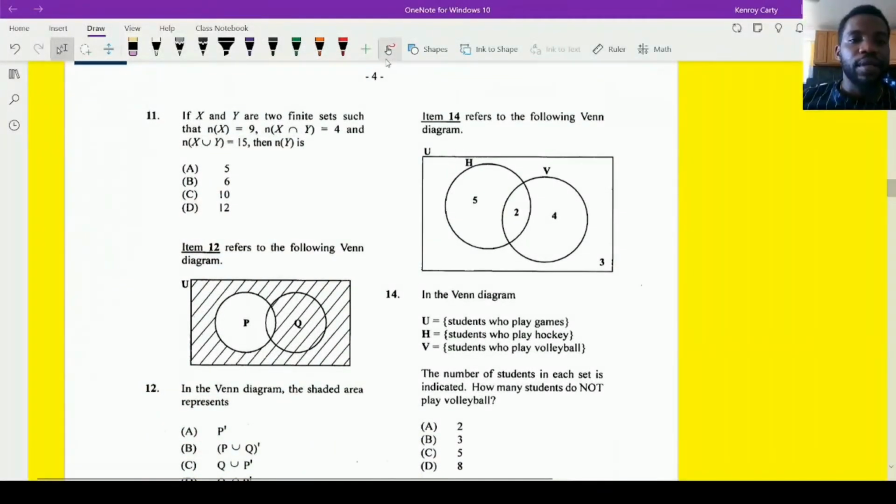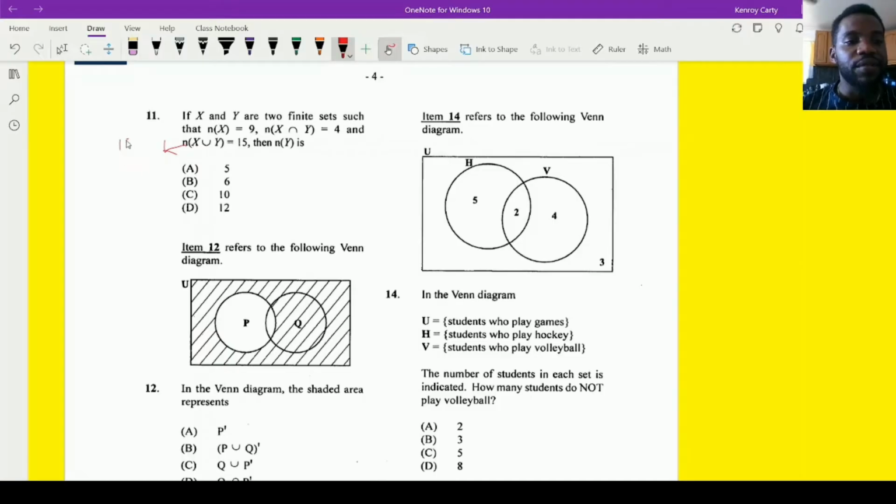Question 11. It says that if x and y are two finite sets, such that the number of elements in x is 9, the number of elements in x intersect y is 4, and the number of elements in x union y is 15, how many elements are there in y? Now the union is normally what tells you how many things you have between the two sets, right?